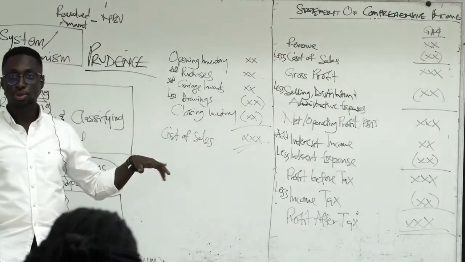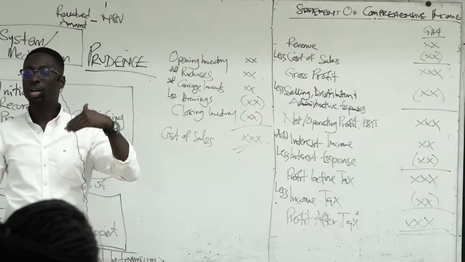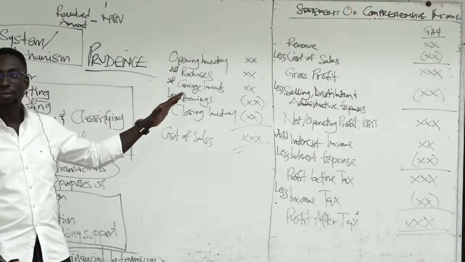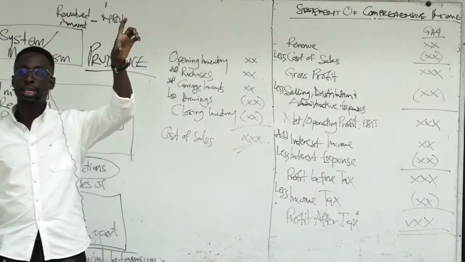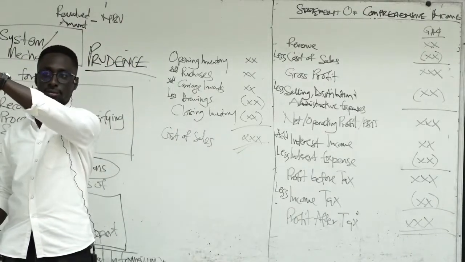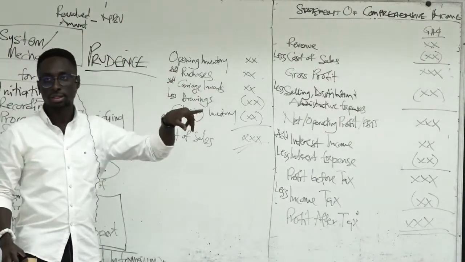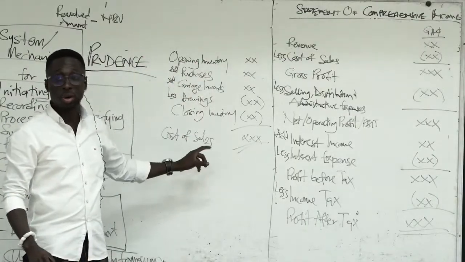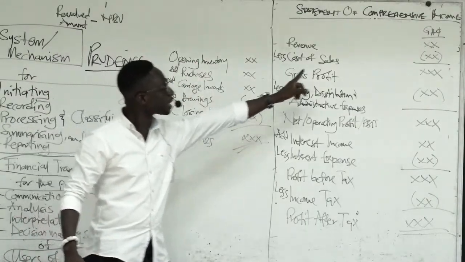So one of the things that those who are interested in having it very decluttered will do is they will have a whole page and put the caption workings. Number one, cost of sales. Then they will do their workings. When they get the answer, they just come and put it here.